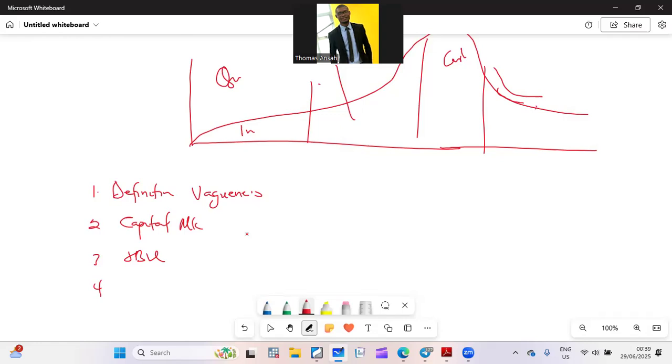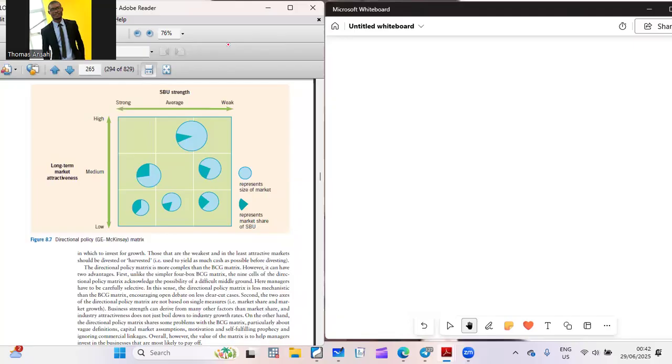Now, the remaining two that we are going to discuss are the McKinsey matrix, the directional policy matrix. That is the 9-cell, not the McKinsey 7-S. The other one we will do at strategy implementation. So this is what I'm going to do. Let me bring out this book. Let's analyze it.